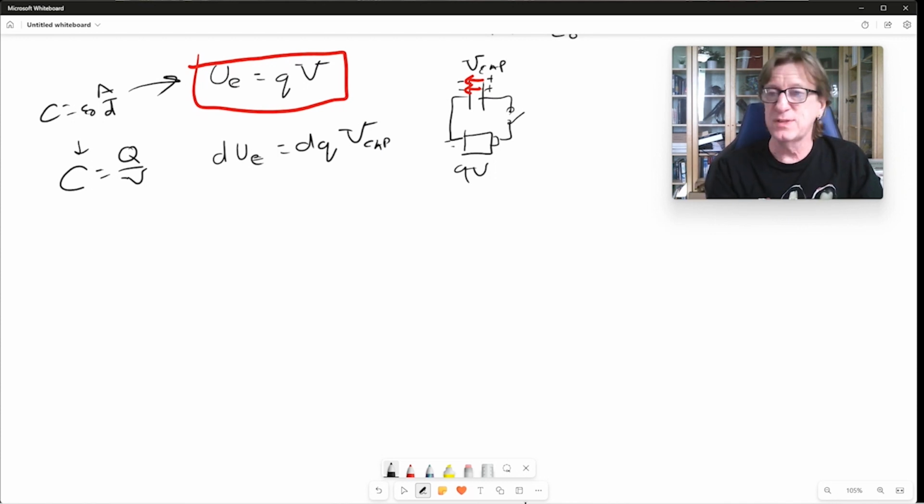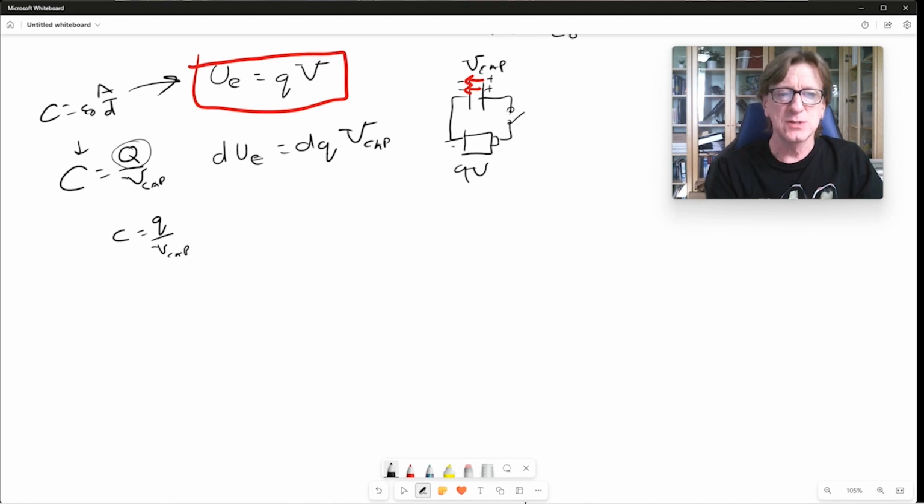So let's solve this for V, because this is going to be the voltage across the capacitor. Now, in our little shell, we used a capital Q, and here I've used a lowercase q. It doesn't matter, but we want to keep our symbols the same. So I'm going to write this then as C is Q over V cap, now using the same symbols.